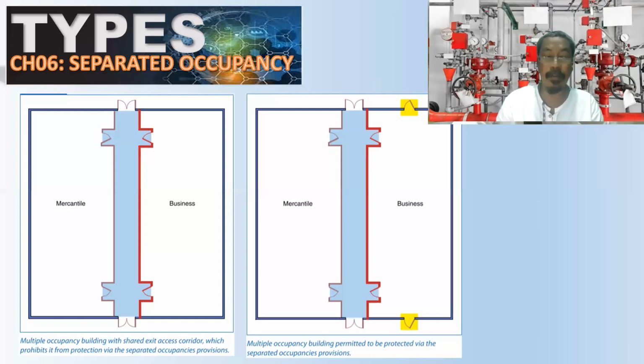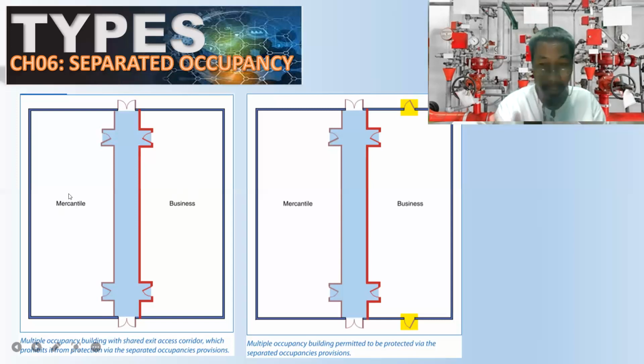Meaning to say, if there is an initial fire development in the business area, that would not go to the mercantile area immediately. And therefore, we have the situation wherein we can call the occupants in this area to be in direct contact or in the vicinity of fire, while on this area they are not.